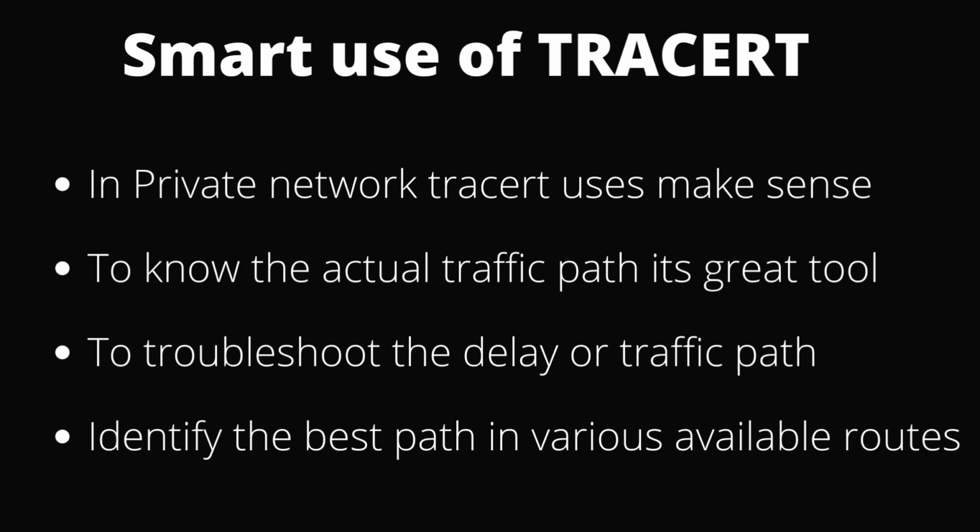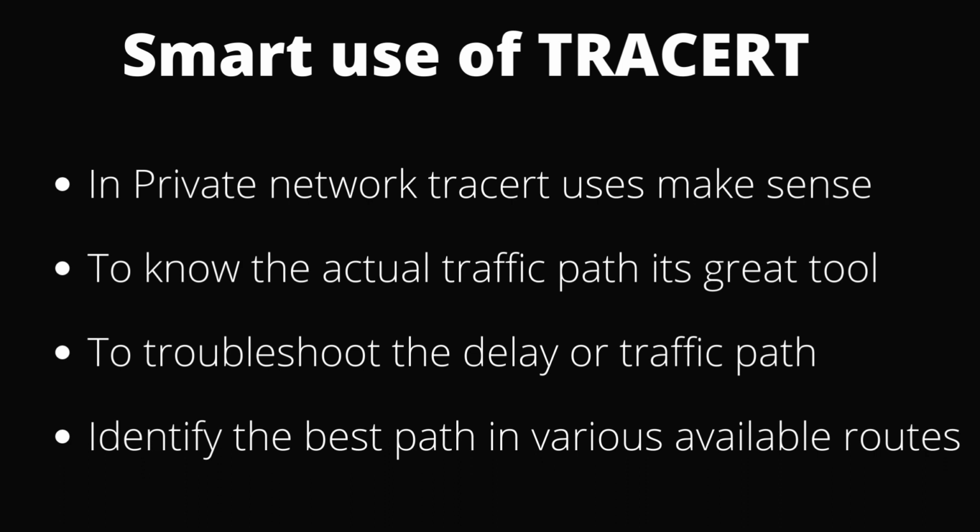So if there are 10 hops, but a particular hop is utilizing more delay, there is some issue between those particular hops. Maybe the link is utilized, maybe the CPU utilization is high, maybe any other reason, but we can identify those issues, right?